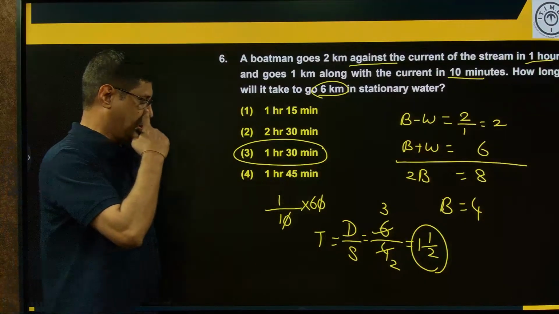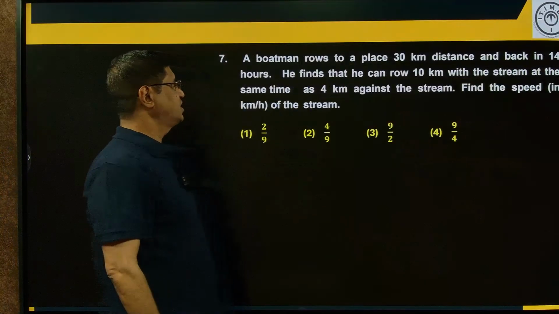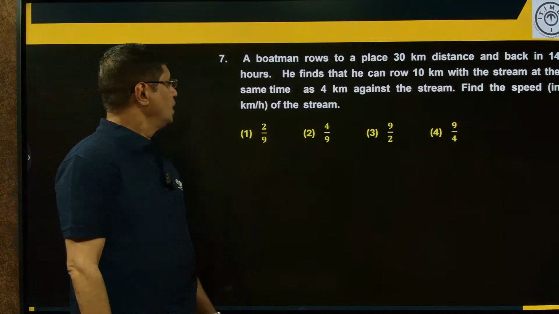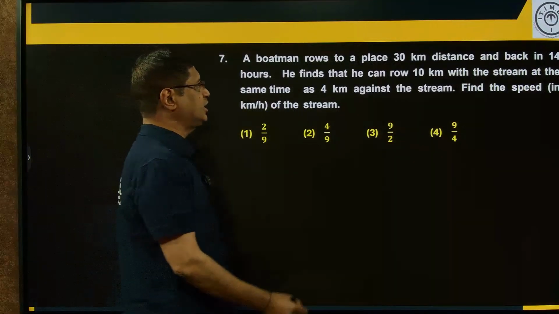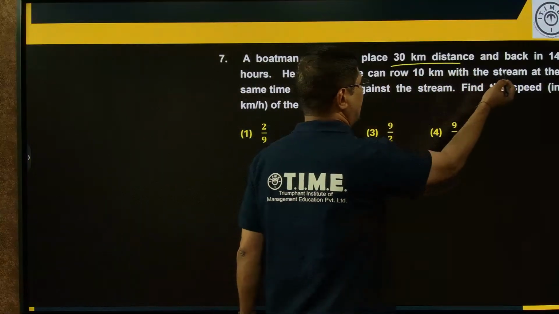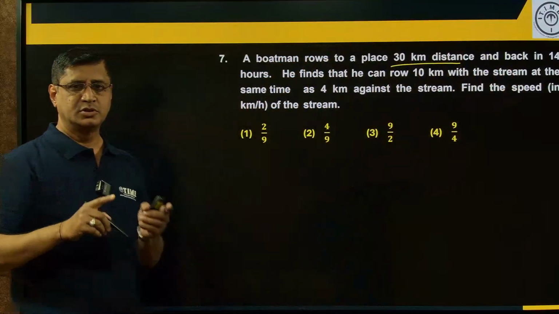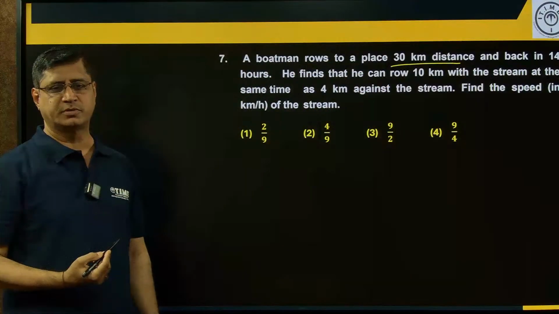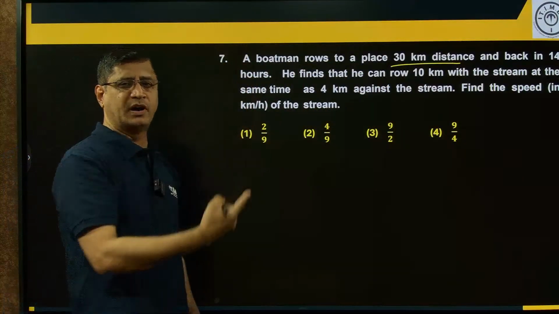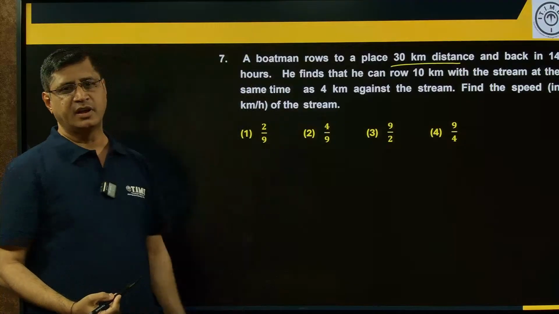Okay. Now look at the next example on your screen. A boatman rows to a place 30 km distance and back in 14 hours. Moving 30 kilometers and back to the original position means travel 30 km in the forward direction and 30 km in the return direction.